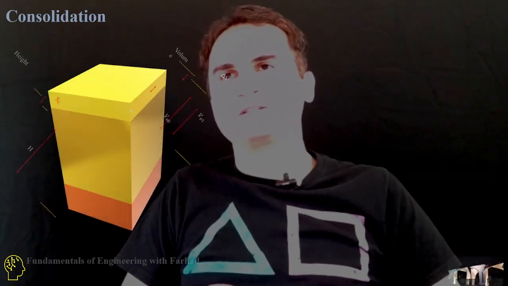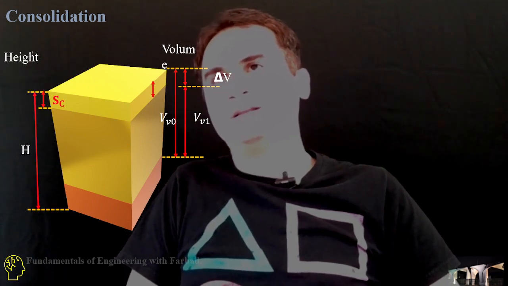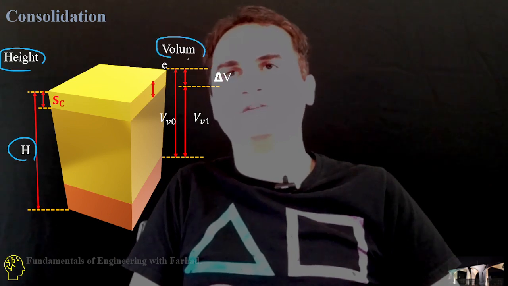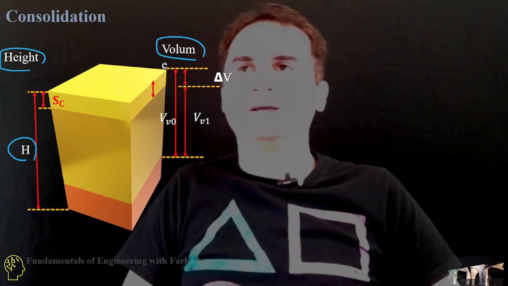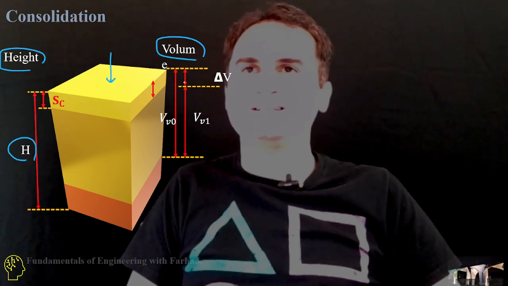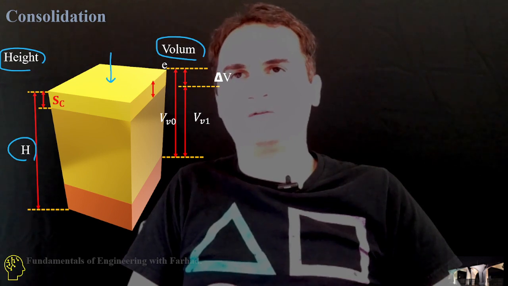And let's go to math and derive some formulas for consolidation. If you just consider the three phases of a soil layer, at the left we have the height of soil, and at the right we have the volume of soil. If you apply a pressure on the soil, you can easily see there is a delta V, a change in volume of soil.